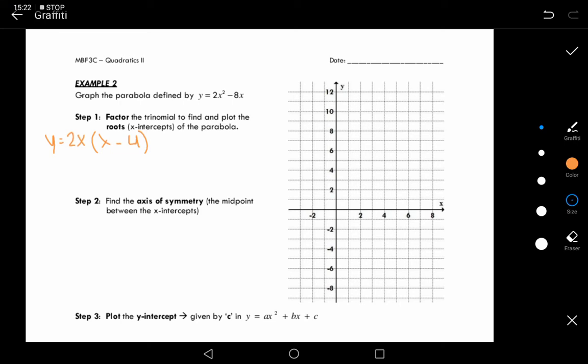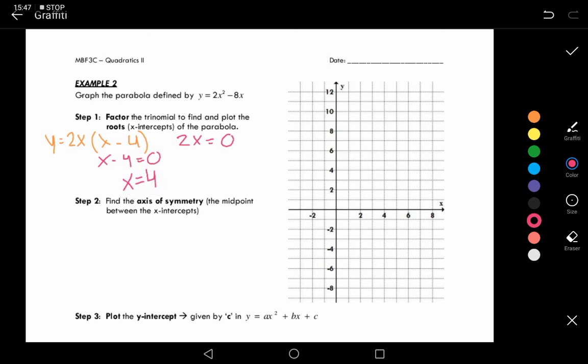Okay, just like before, once I have those factors, I need to set them equal to 0 and solve. So I have 2x equals 0, which actually I'm going to write over here. 2x equals 0, and x minus 4 equals 0. Okay, so if x minus 4 equals 0, again, we're solving for x. I add 4 to the other side, so I get x equals 4.